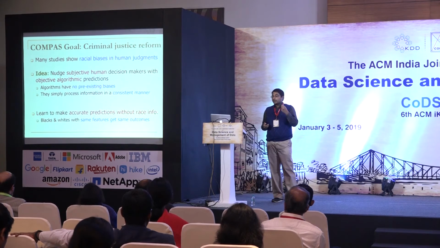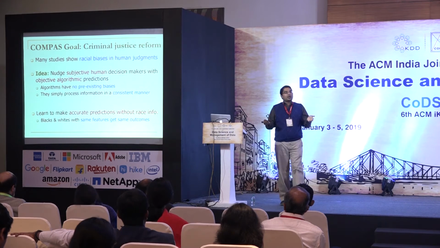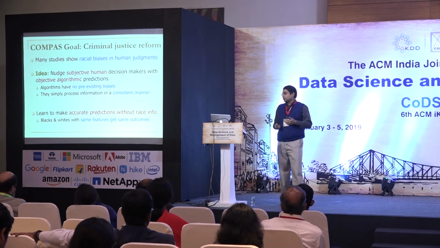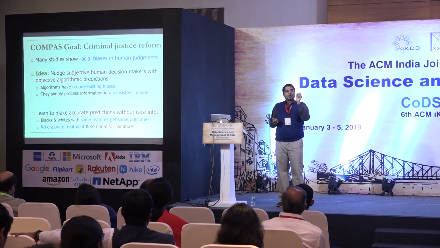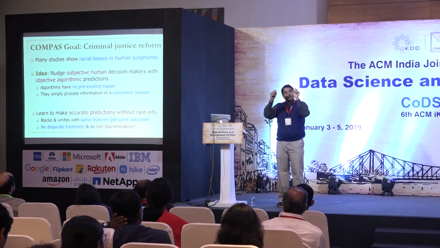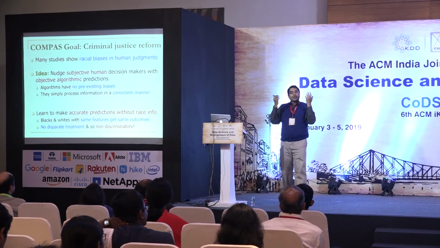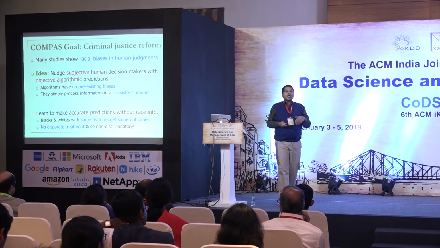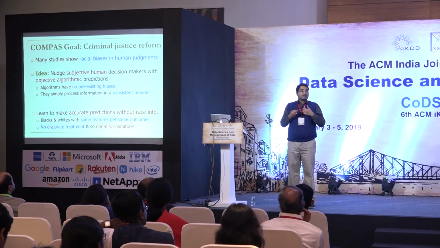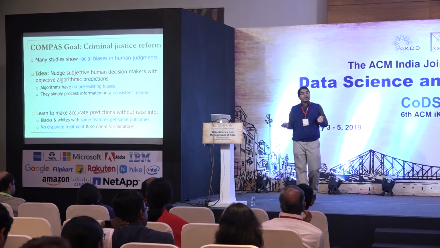Their hope was that in the process, blacks and whites with the same features would get the same outcomes because you no longer have the race information. This is what is known as disparate treatment. Disparity is about inequality in treatment. Because a black person and a white person with the same features would get the same outcome, there is no disparate treatment, and therefore it's going to be non-discriminatory. This was an argument that they made, and it seemed like a pretty convincing argument, and in fact the tool got deployed and started being used.